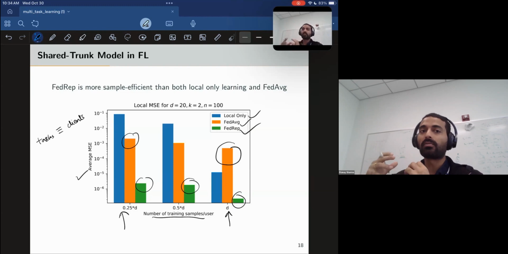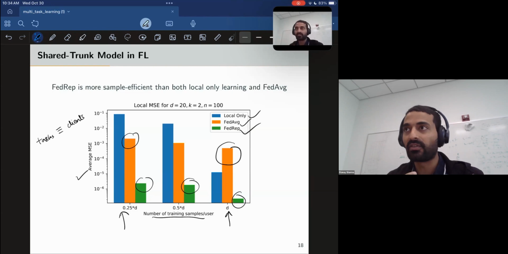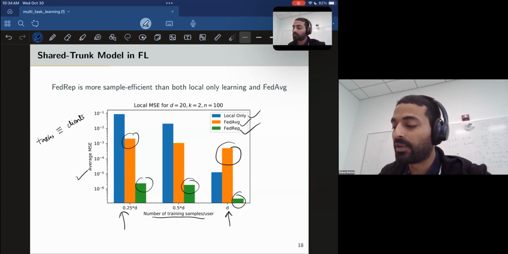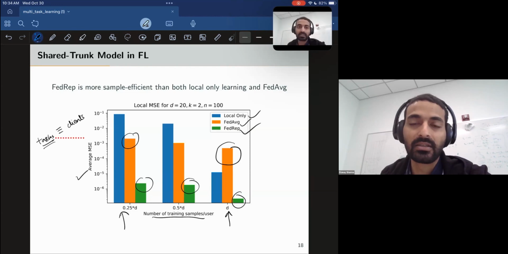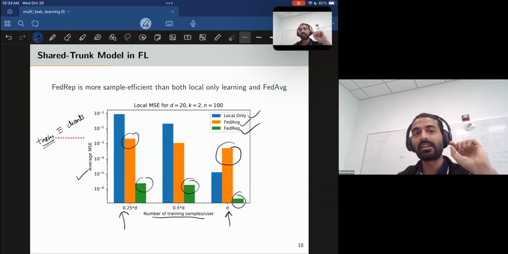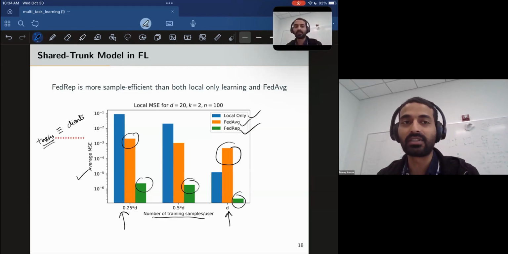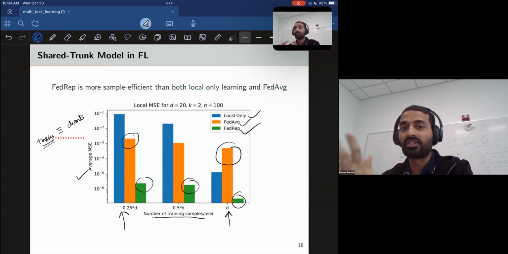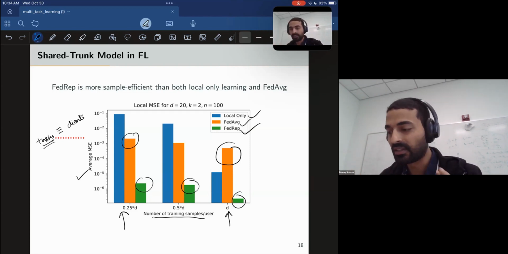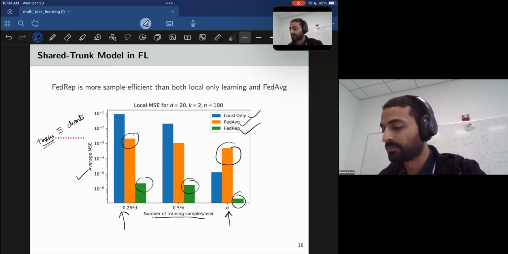So whenever I talk about extension to the federated setting or any federated implementation of a multitask learning idea, we'll see this correspondence that the clients would be interpreted as tasks. At the very end, I'll talk about something which is more general than this. But for now, tasks means clients.